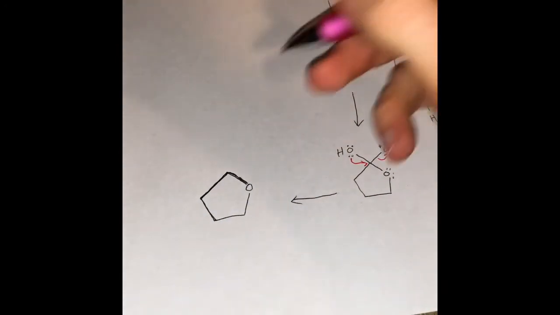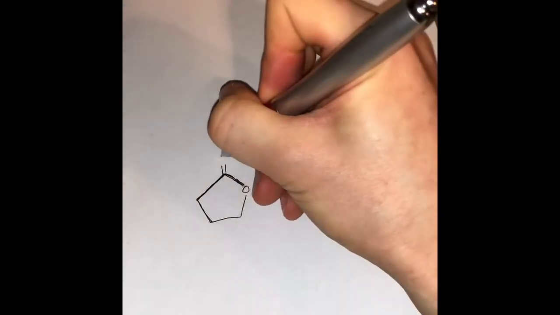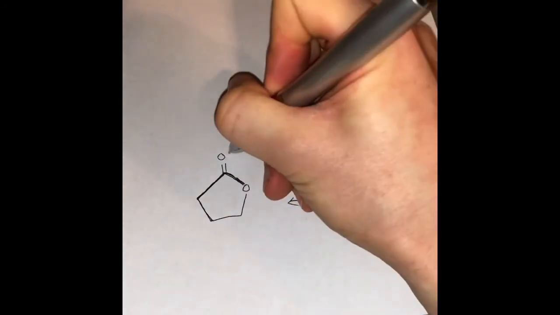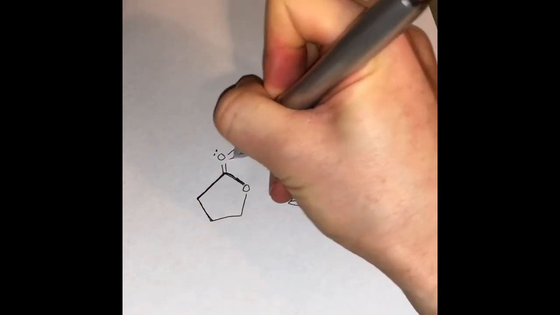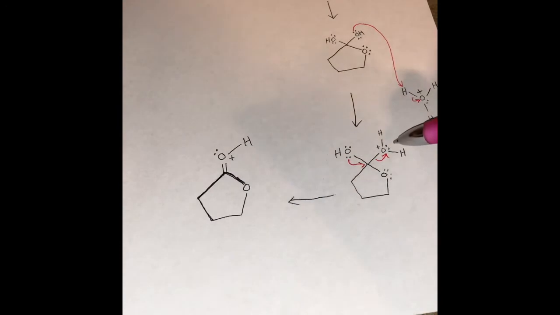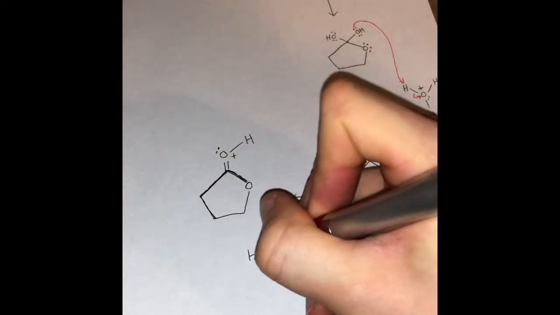Okay, so there's our base structure, and now our functional group is going to be a double bond to an O with an H. Okay, and as we saw here, water left, so we can draw our water down here.